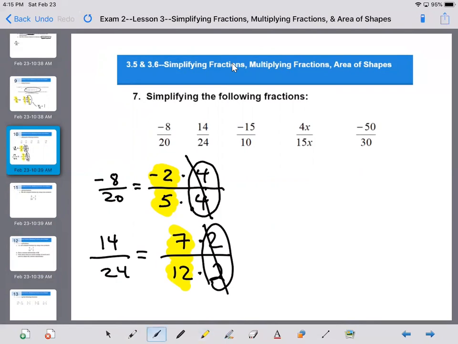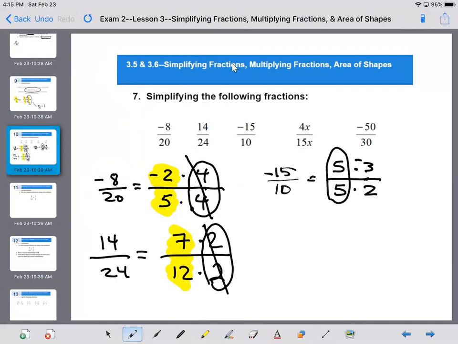If I go with negative 15/10, let's have negative 5 and 3 and 5 and 2. Well, it looks like I'm going to need to place that negative with the 3 because my n divided by n needs to be 1.